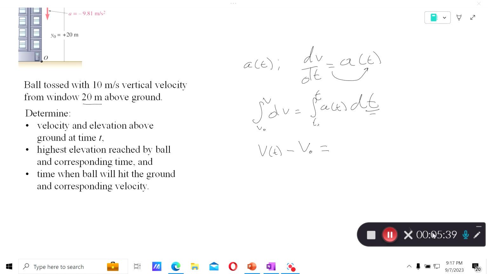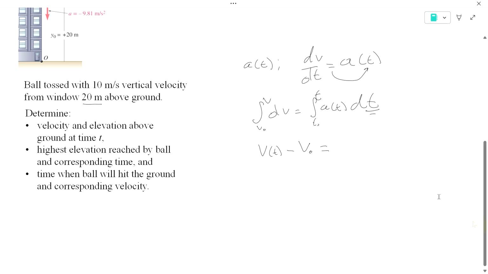A being a constant, so a equals negative 9.81 meters per second squared. Therefore, what we have is a constant integrated from t0 to t, dt.